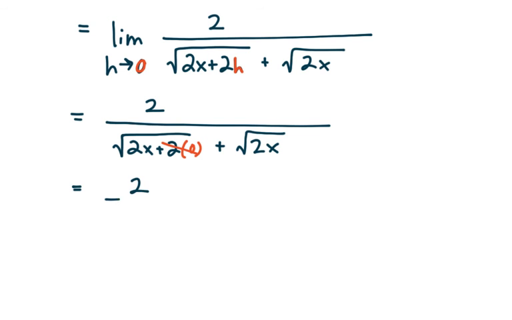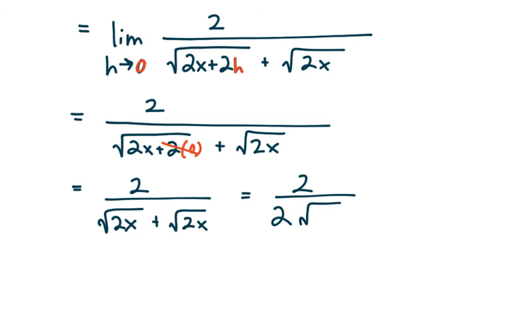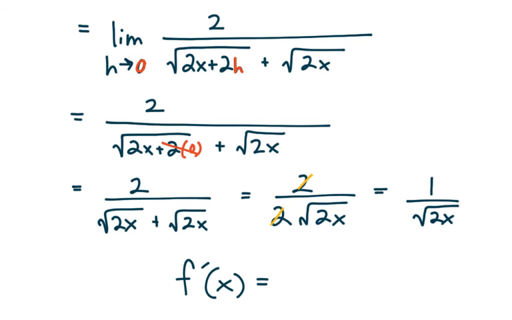We have 2 over the square root of 2x plus the square root of 2x, or 2 over 2 square roots of 2x. 2 over 2 cancels, and I'm left with 1 over the square root of 2x. So that means my derivative, f prime of x, is 1 over the square root of 2x.